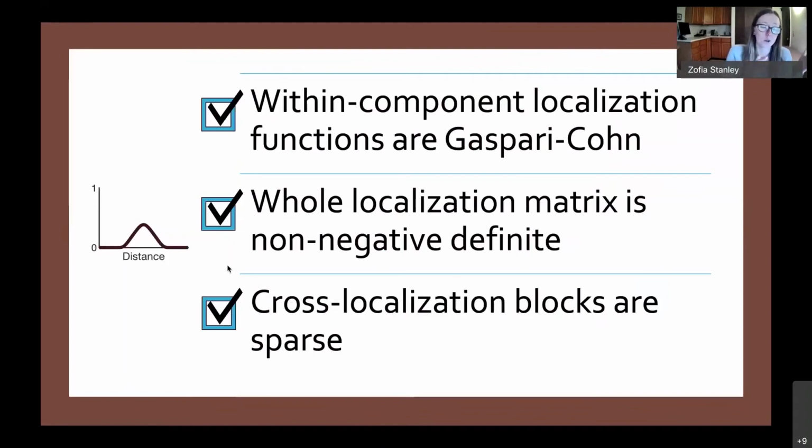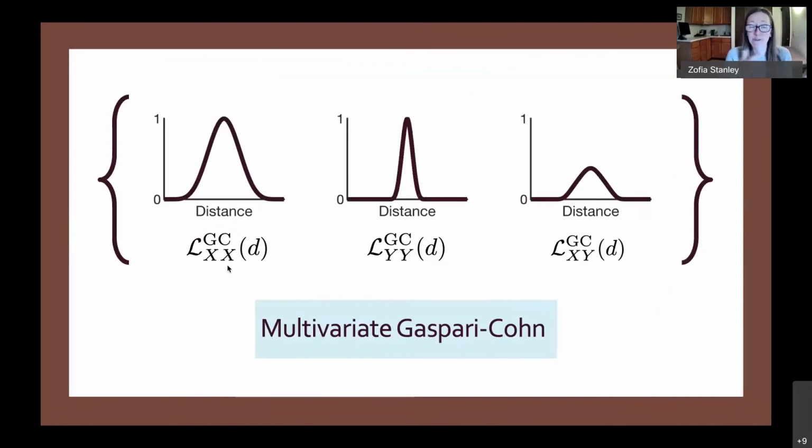And also, this function is compactly supported, so these cross-localization blocks are going to be sparse, just like we wanted, which is all well and good. And now we have this set of 3 functions that we're calling multivariate Gaspari and Cohn.